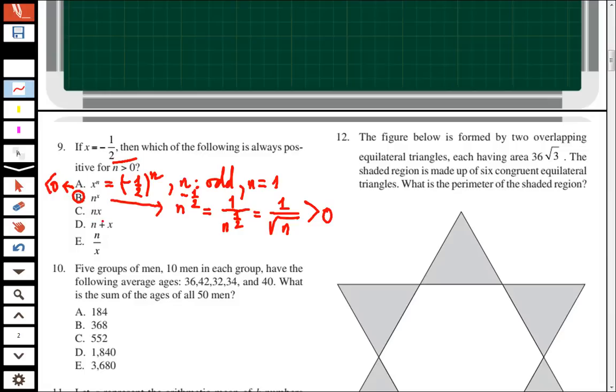We can check to make sure that option C, option D, and option E will lead to a negative result.